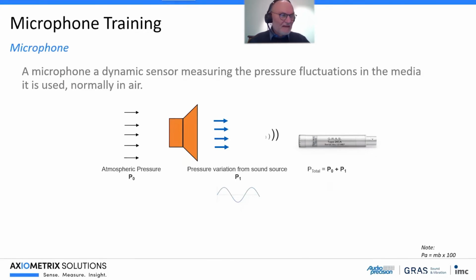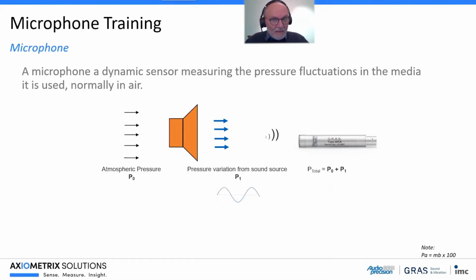This is the pressure variation the human ear is able to detect, and it's also the pressure variation our microphone is able to detect. The microphone will actually look at both the atmospheric pressure and these pressure variations.